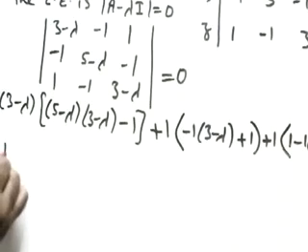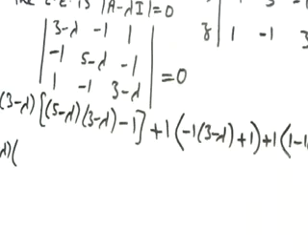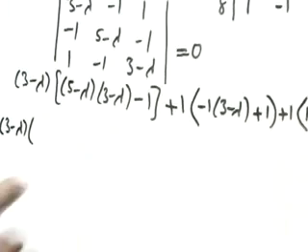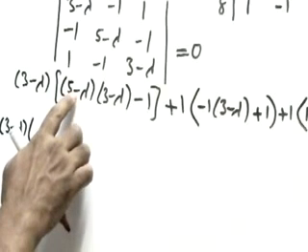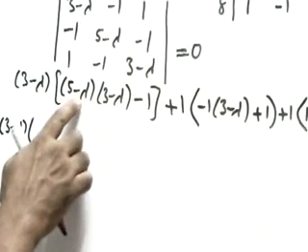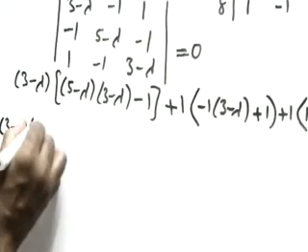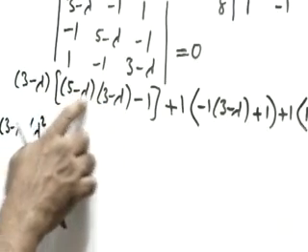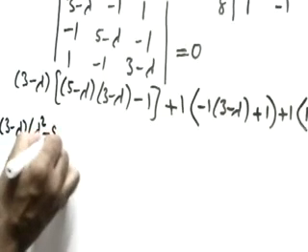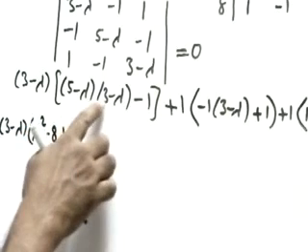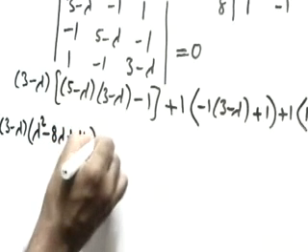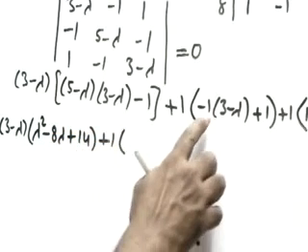So now let me solve this one. 3 minus lambda into, now multiply this one: first lambda square, minus into minus plus lambda into lambda, lambda square. 5 into minus lambda minus 5 lambda, minus 3 lambda will be minus 8 lambda. 5 threes are 15, minus 1 is 14, plus 14.